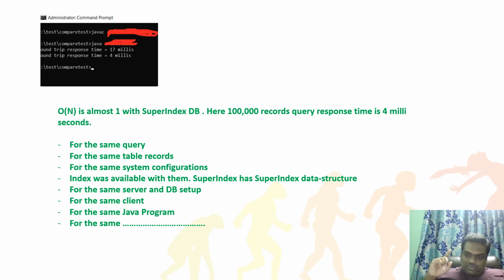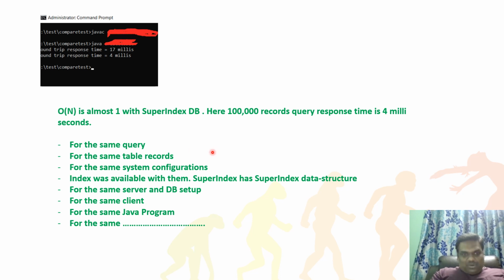The query response time is 1, even when you go for huge, massive records, that too with complex queries. This is what is going to happen. That's why I have elaborated in green color very clearly: O of n is 1, 100,000 records, query response time is 4 milliseconds.